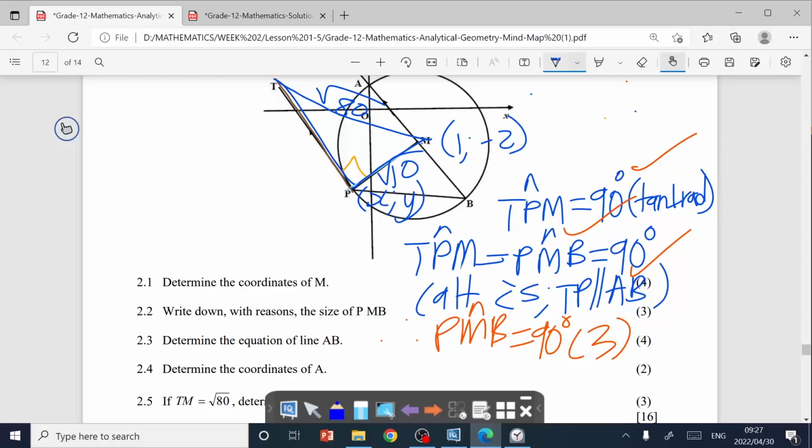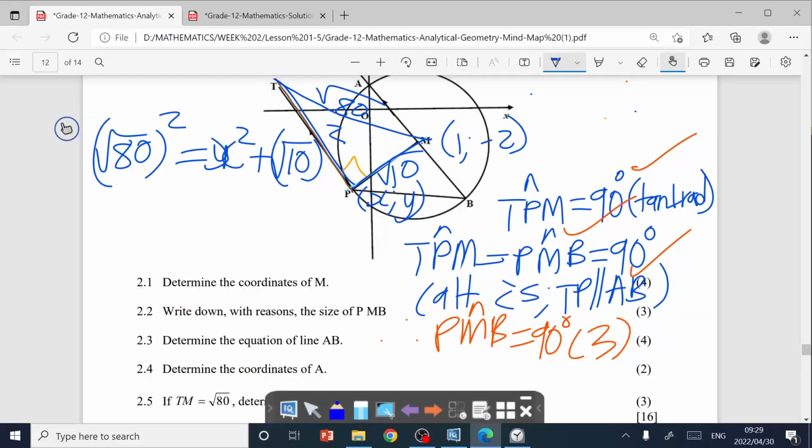Now let's go find TP. Square root of 80 is the hypotenuse, isn't it? Equals x squared plus square root of 10 squared.